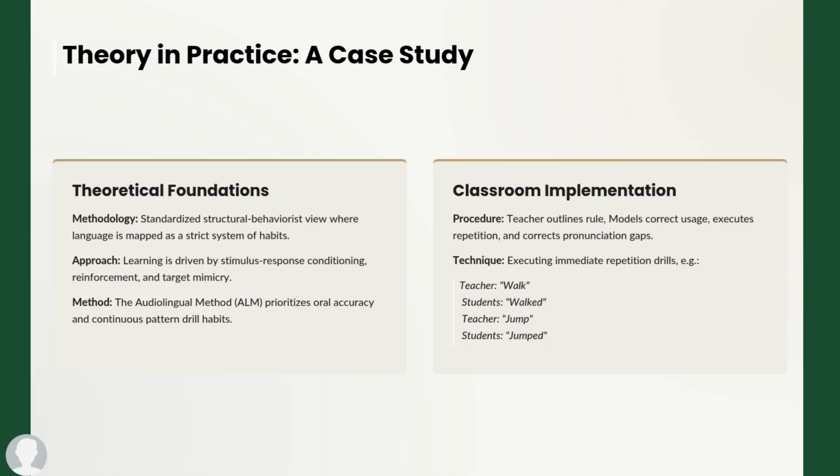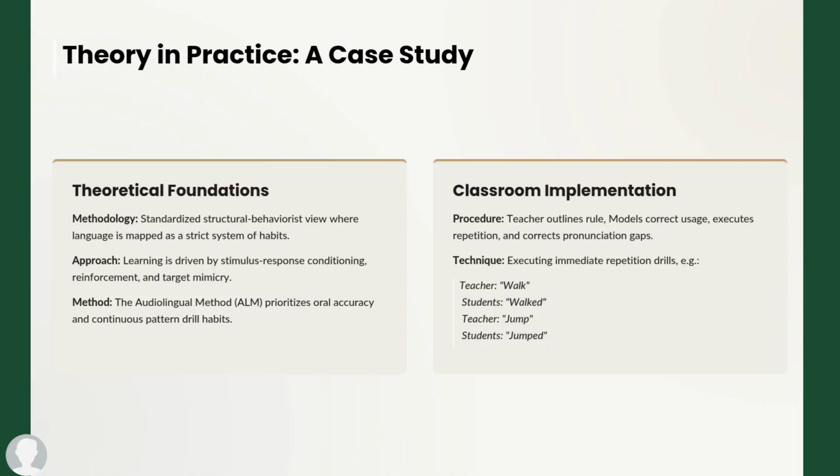So, to see how this hierarchy functions in practice, let's analyze a classical case study, the audiolingual method, or ALM. At the methodology and approach level, ALM operates on a structural behaviorist view. Language is mapped as a system of habits acquired through stimulus response conditioning, target mimicry, and immediate reinforcement.